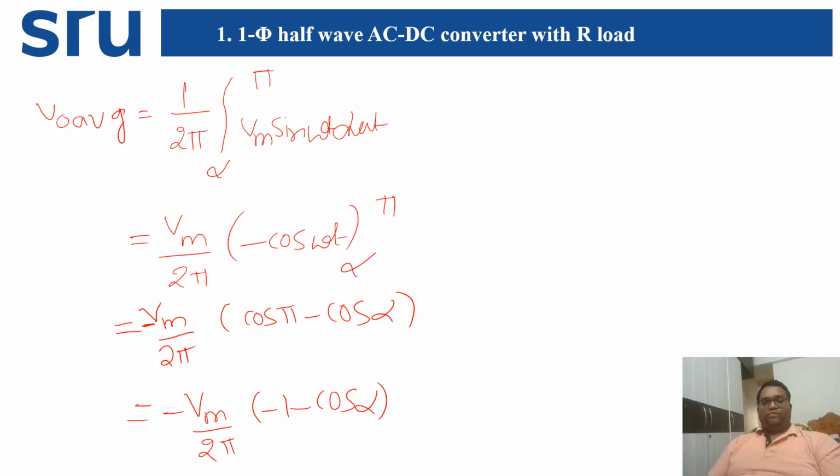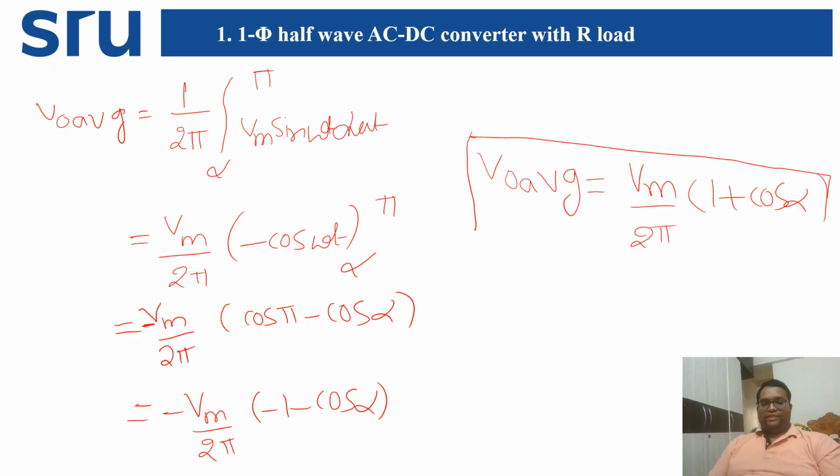Finally, the V naught average output voltage is equal to Vm by 2 pi into 1 plus cos alpha. This is the average output voltage of the single phase half wave rectifier with R load.